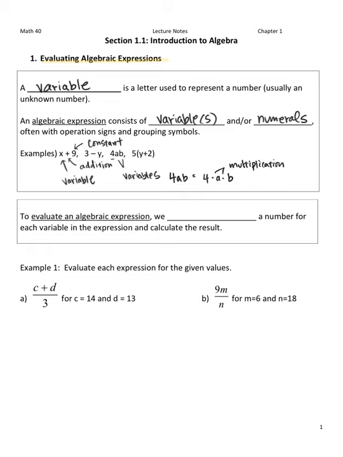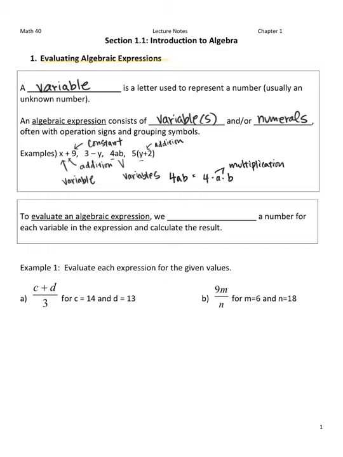Okay, all right, and the last one contains the variable y, and the grouping symbol, parentheses, and the operation of addition, and also multiplication. Wait, multiplication? Where, right? Well, multiplication can be written in several ways.